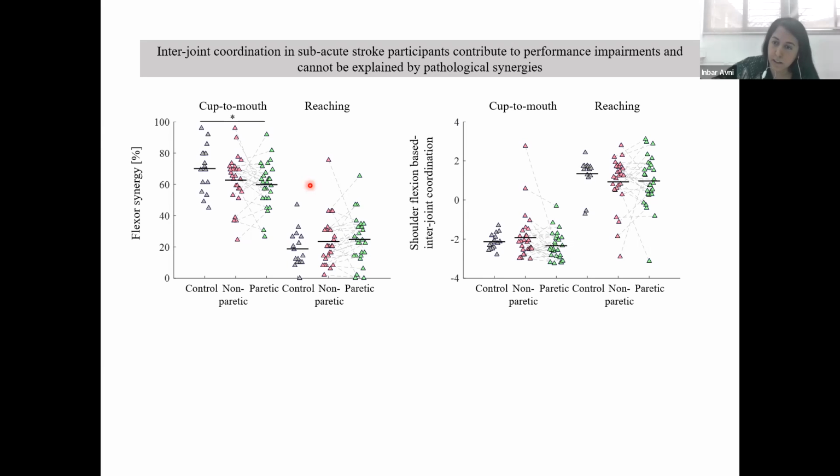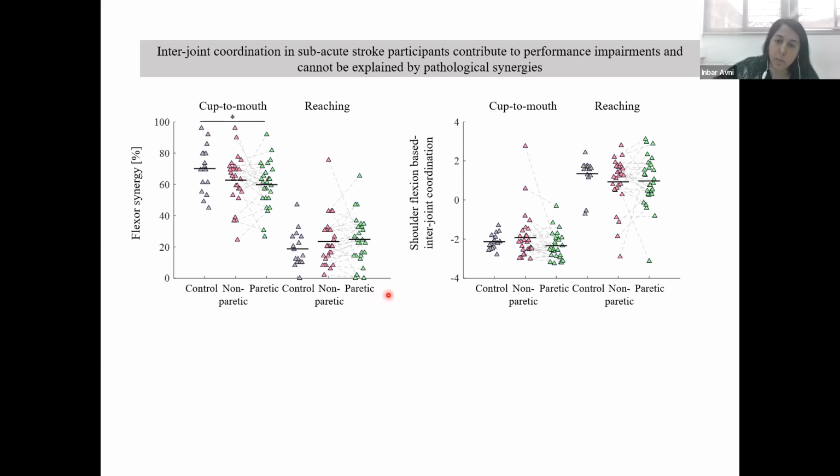The task in which they performed flexor synergy, these were relatively high values, and the task requiring movement outside that synergy, the percentages were lower as expected, but there maybe you can also see this, there's almost no differences between groups. Here we also ran ANOVAs, which were non-significant.